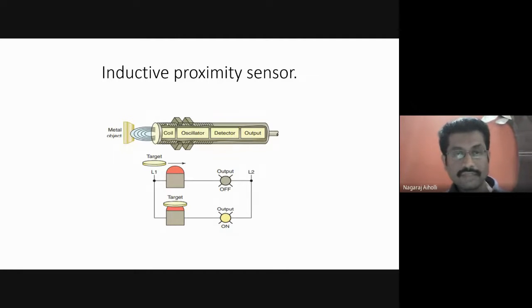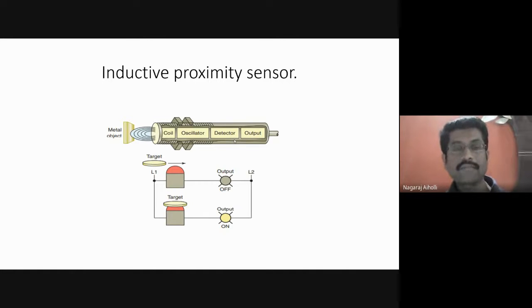These electromagnetic waves are sent from this inductive proximity sensor towards the metal object, and when the waves hit the metal object, they are reflected back and received by the proximity sensor. Inside the proximity sensor there is a part called the detector. This detector will detect the electromagnetic waves that are reverted back.